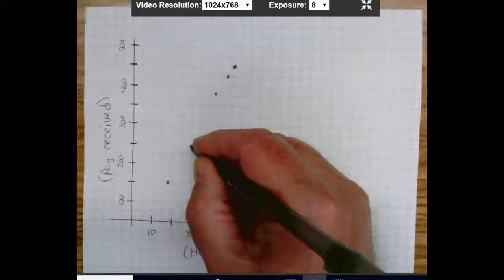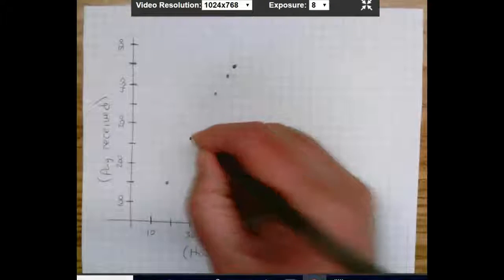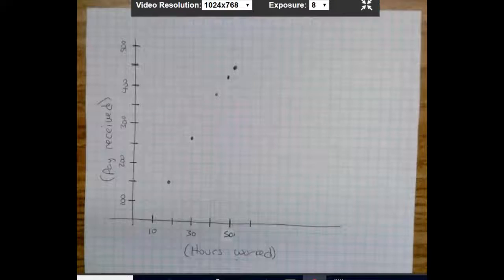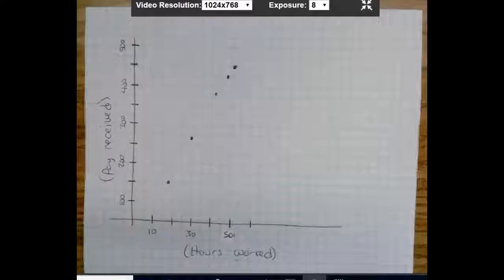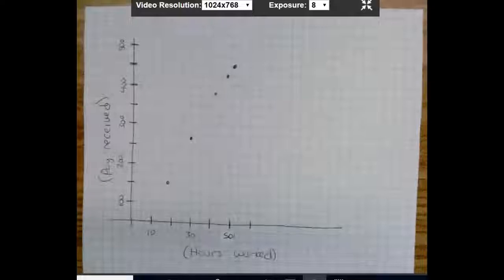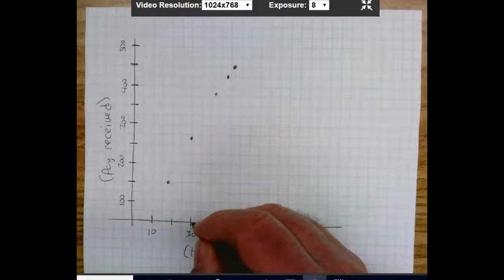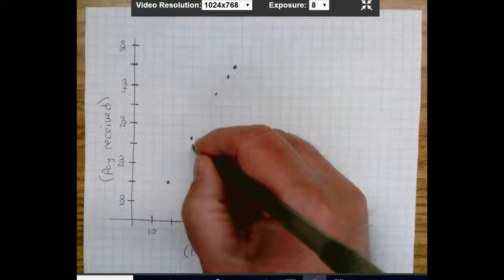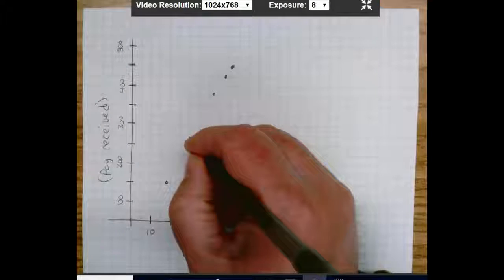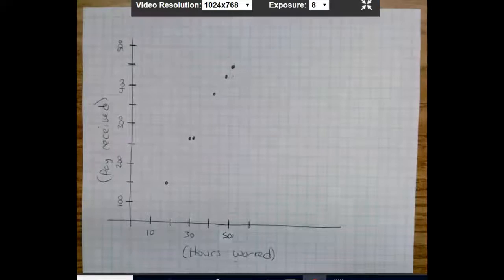There's 250. 260. About there. And then September and October, 31 hours and about 270. There's 250. So right about there. There's our data set.